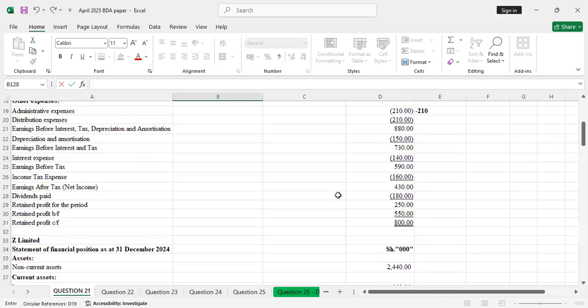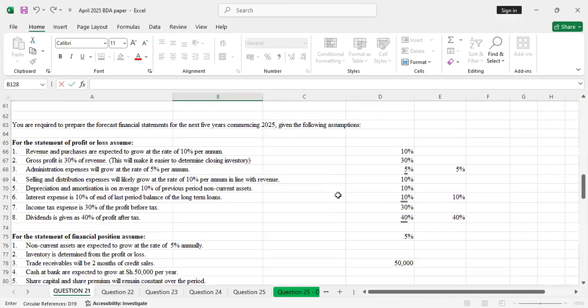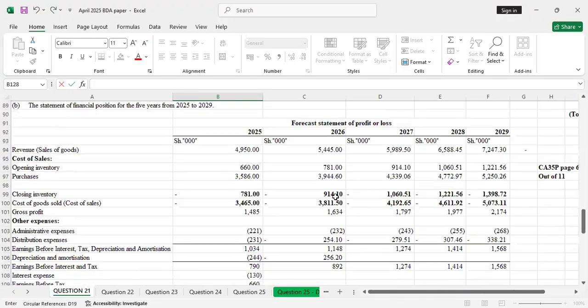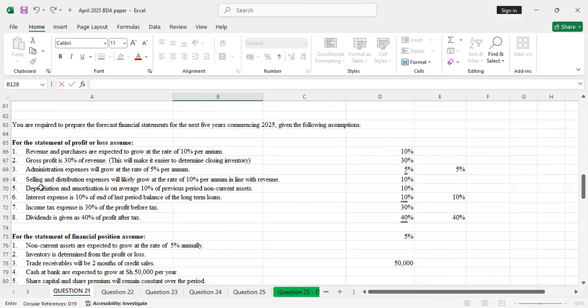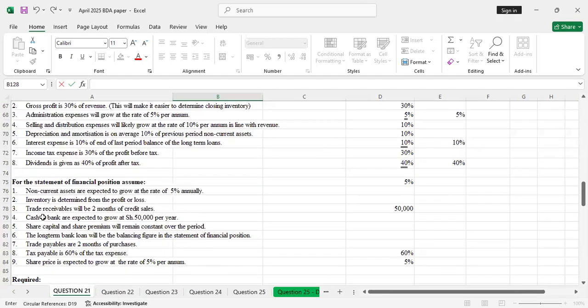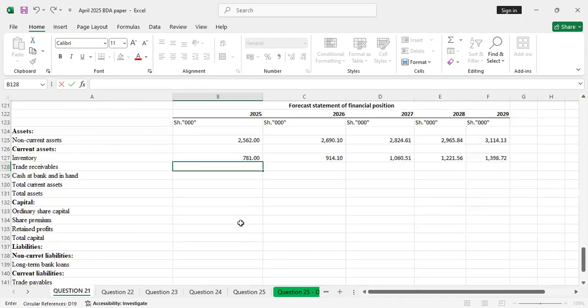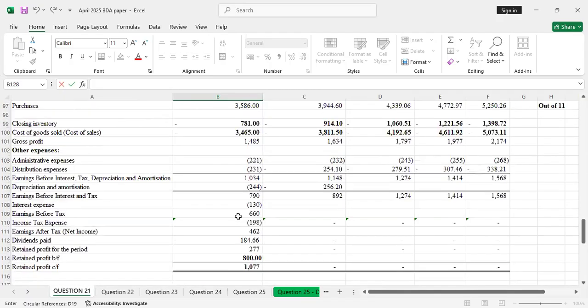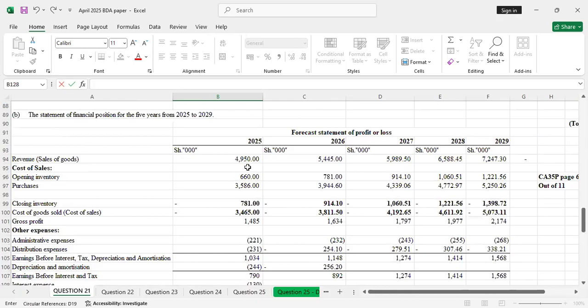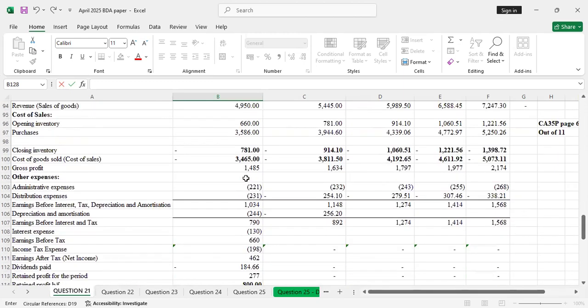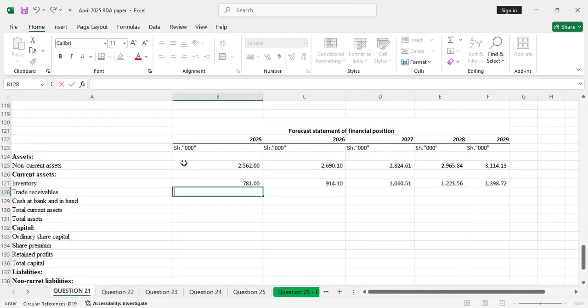This is what you do to calculate, because we are told that trade receivables will be 2 months of credit sales. So your sales for 2025, what was my revenue? My sales for 2025 was 49.50, and remember, 2025 has 12 months. You assume that those sales were on credit because the examiner has not specified.